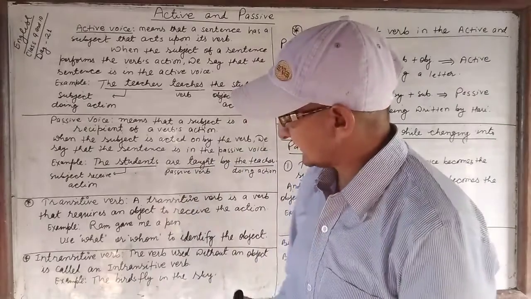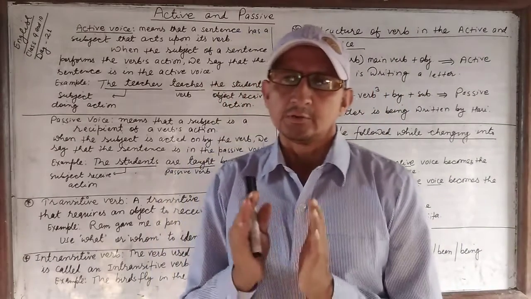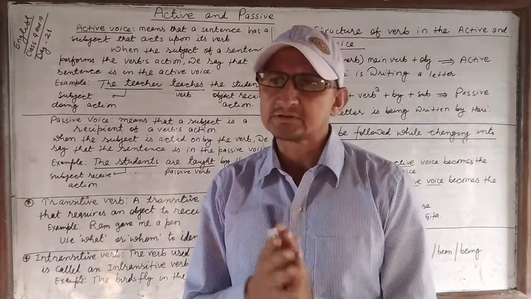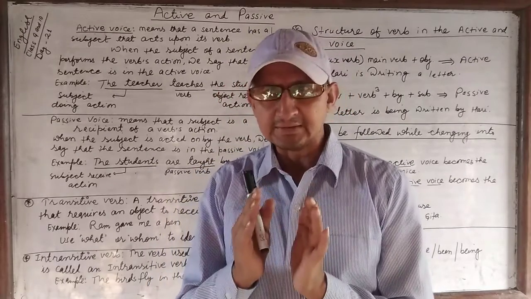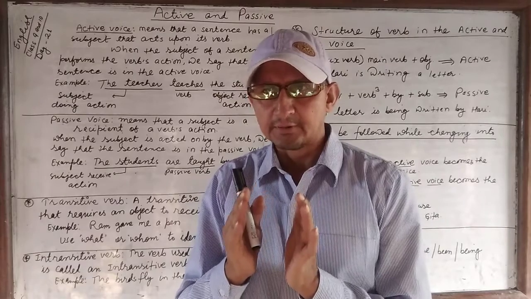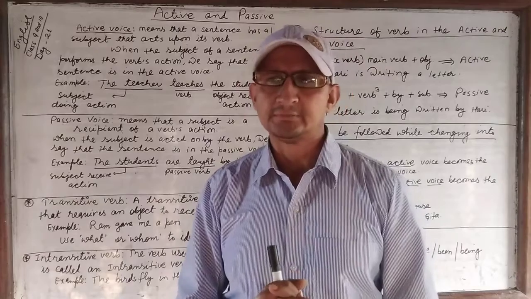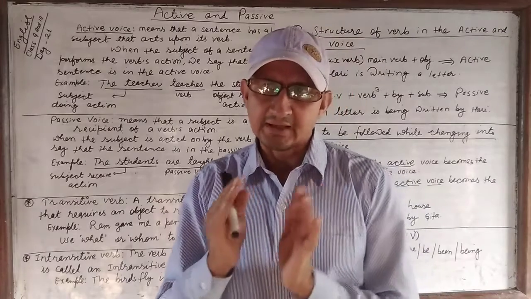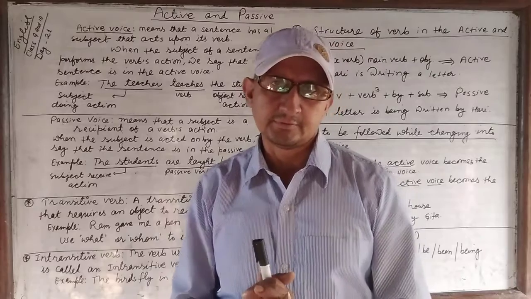Next is intransitive verb. A verb used without an object is called an intransitive verb. An intransitive verb can be expressed in active form only. It can't transform to passive form.